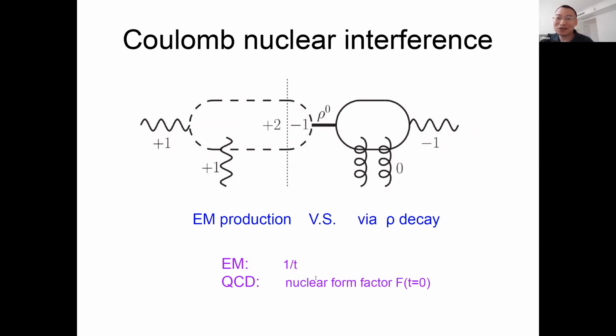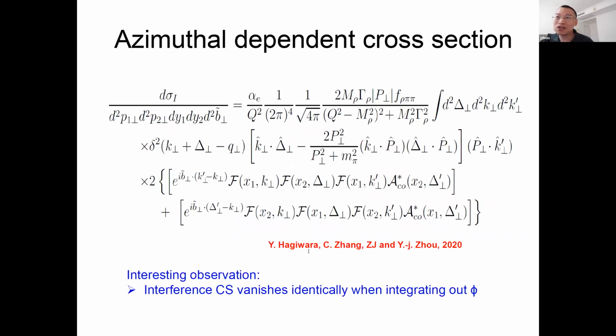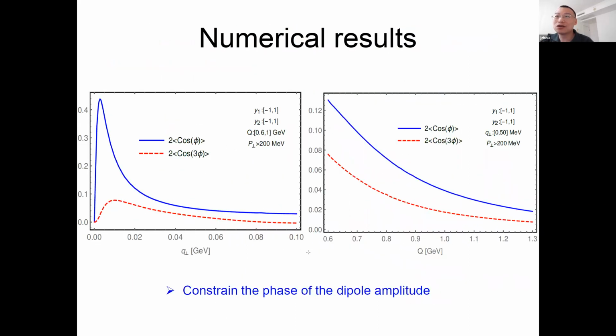But at low transverse momentum, this electromagnetic amplitude scales as 1 over t. But the QCD amplitude behavior is controlled by the nuclear form factor, which is rather flat at very low t. So if you go to a sufficiently low transverse momentum region, then you will find the place where the electromagnetic amplitude is comparable to the QCD amplitude, just like I showed here.